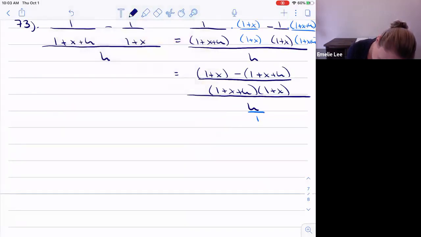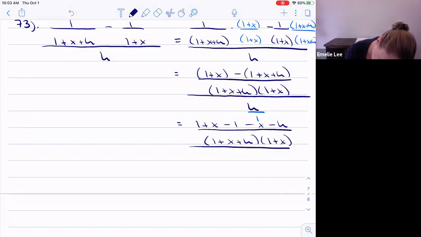So I get 1 plus x minus 1 minus x minus h divided by 1 plus x plus h times 1 plus x, all over h over 1, because we introduced that already.